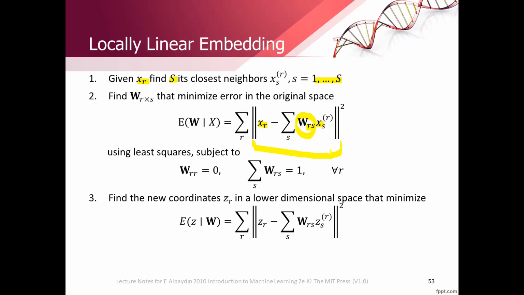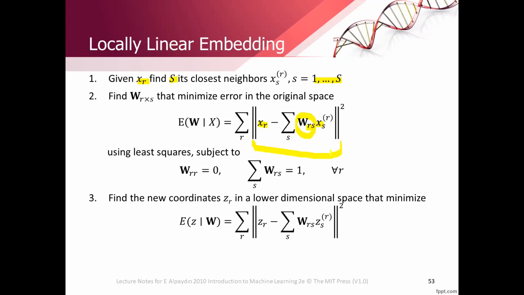So if XR is an observation which has several neighbors, and XR is in the middle, the contribution of all these three neighbors will be the same.